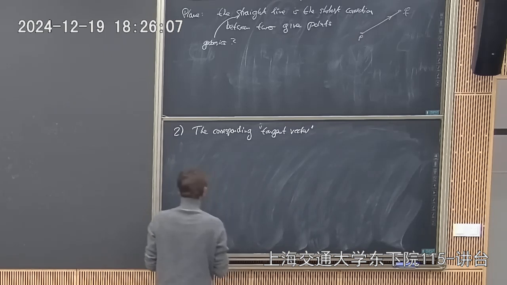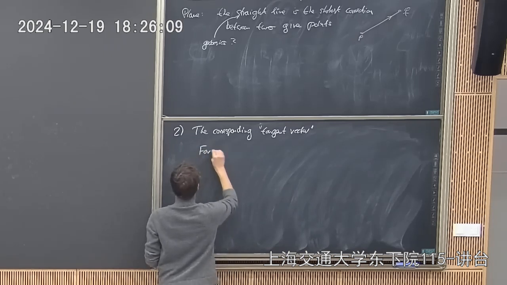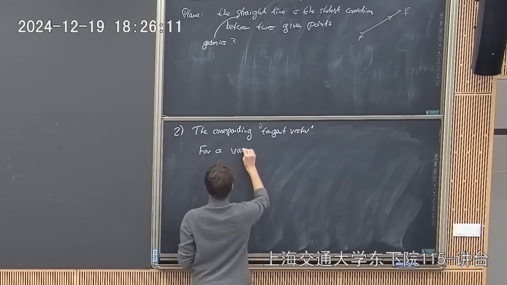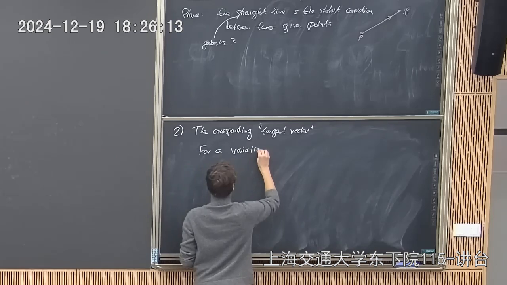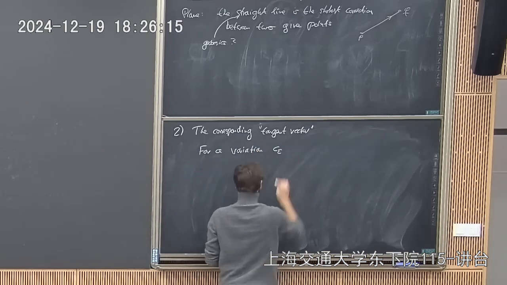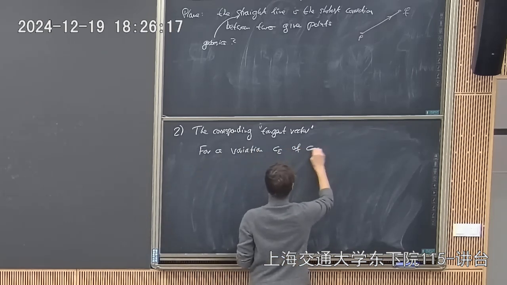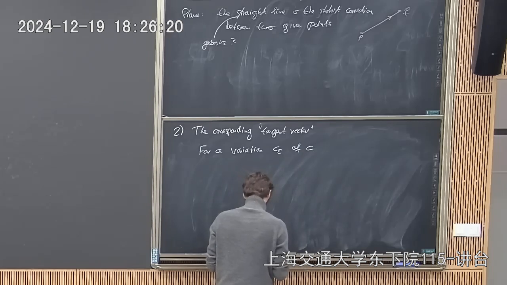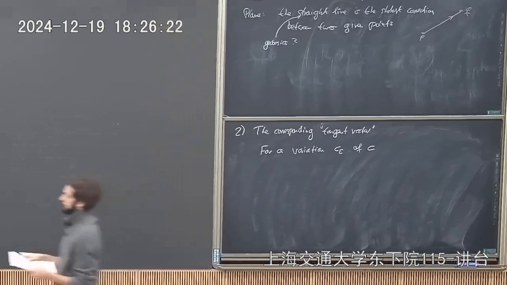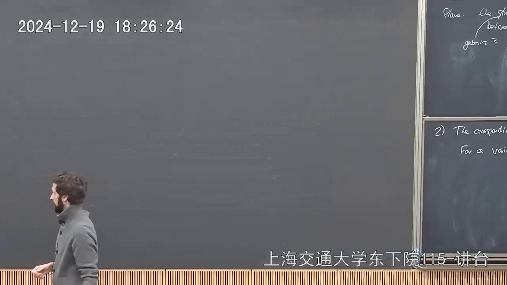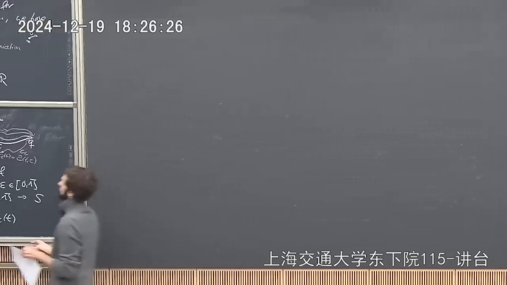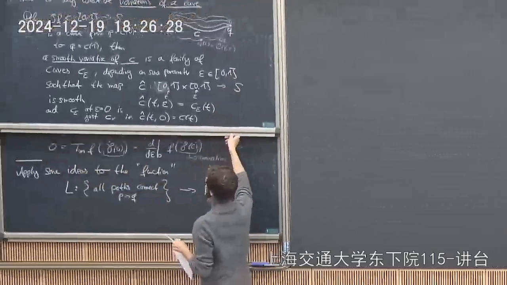And for that, we have for a variation C epsilon of a curve C. Oh, sorry, one more terminology.